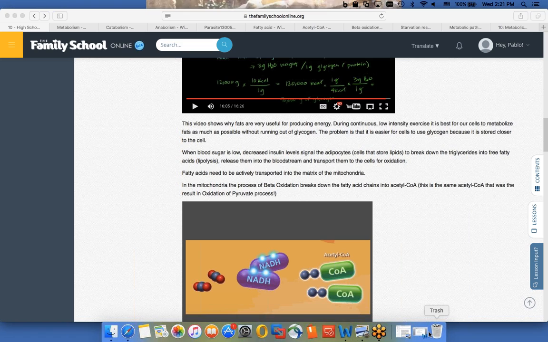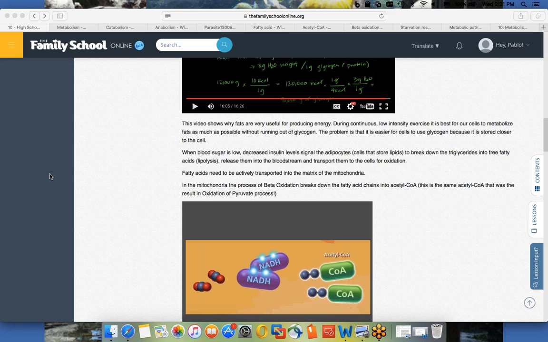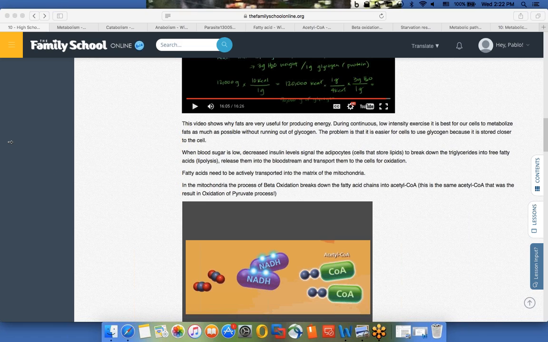Remember when we were talking about the cell membrane, that we said there are two types of transportation. One is active and the other is passive. So what would be the active transport?